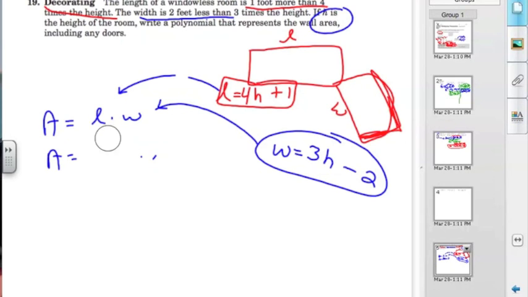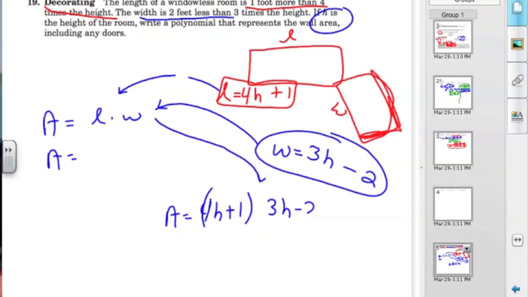The board's a little off. You'll have to forgive me here. We'll go over here. Area equals 4h plus 1. And the width is going to come over here as 3h minus 2. So this is something that you could be doing in geometry using your algebra skills.